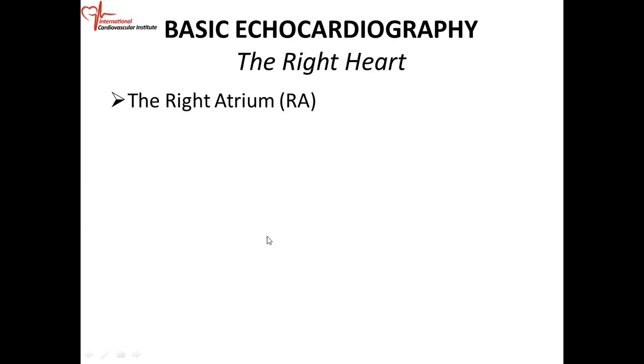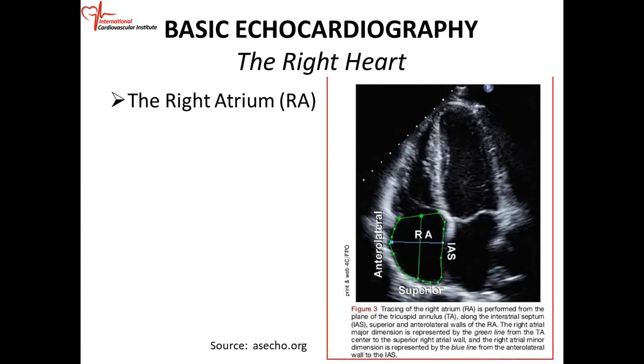There are also some additional measurements in the right atrium that you need to familiarize yourself with. This is how you do the planimetry. At the tricuspid annular plane, it's a straight line, and then you just do planimetry around the right atrial border. You will have two measurements to do. From the tricuspid annular plane, you can drop a perpendicular straight down.